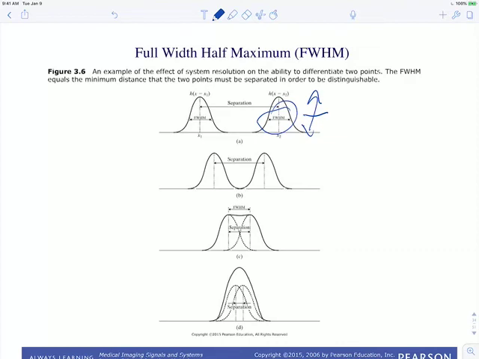If you are spaced at your full width half maximum like this, typically that's the limit at which you can tell two dots apart. If they're any closer than the full width half maximum, they'll merge into one dot. If they're farther, then in general you'll be able to tell them apart. So that's what the field has picked as one way of characterizing resolution.